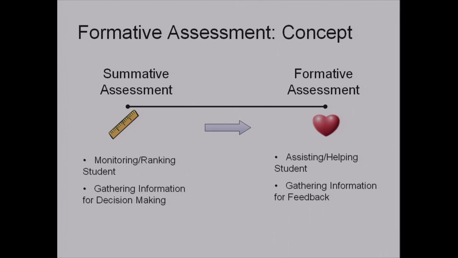The main reason I identified for why assessment and practice are not getting along well is, first of all, we have too much emphasis on summative assessment. The major purpose of summative assessment is monitoring and ranking students, and gathering information for decision makers basically.